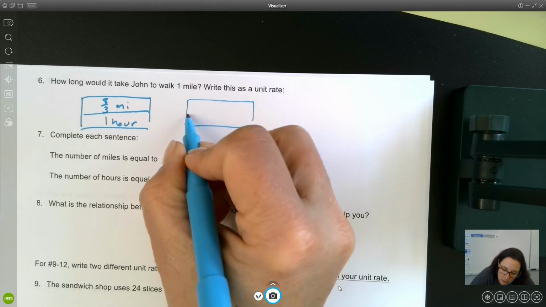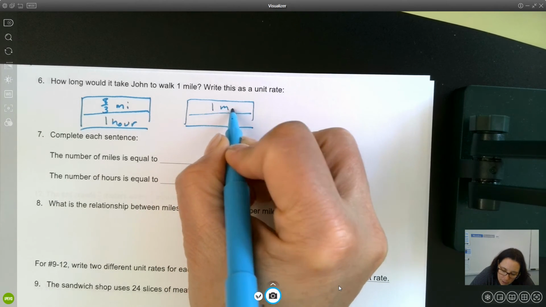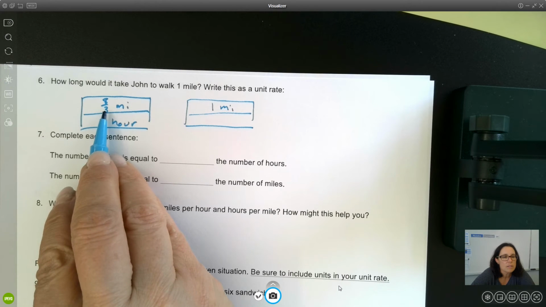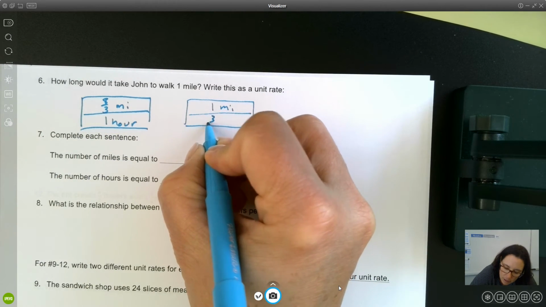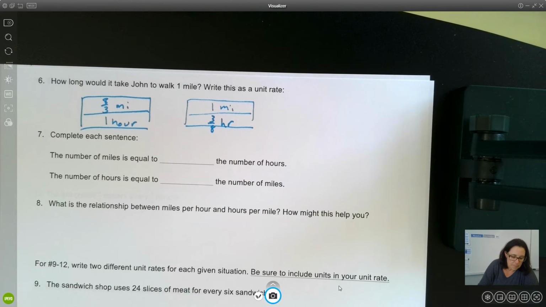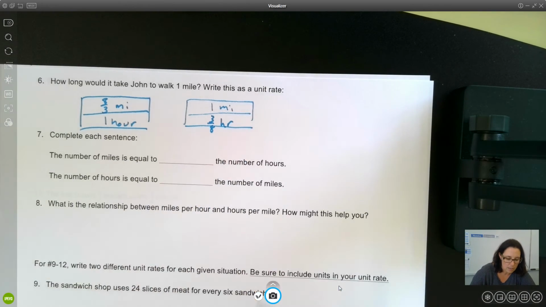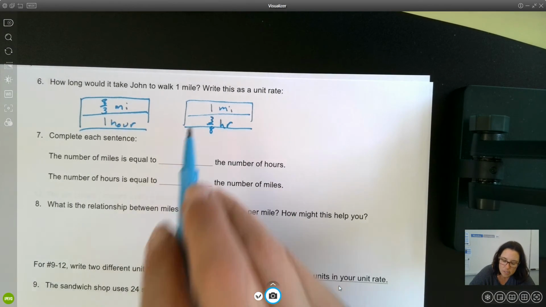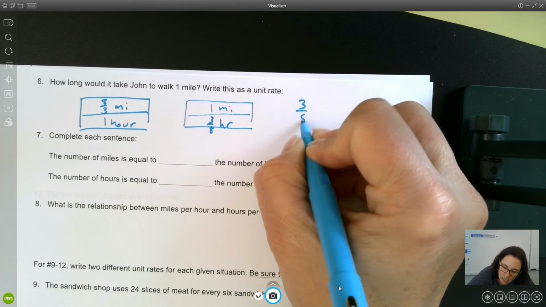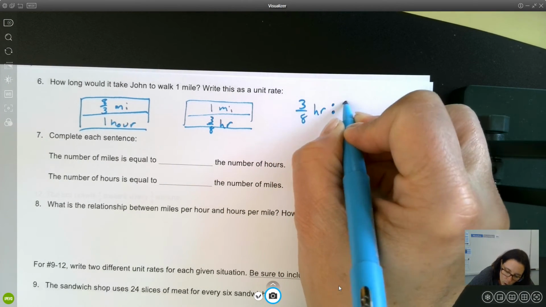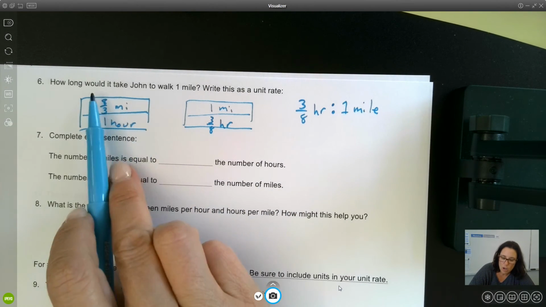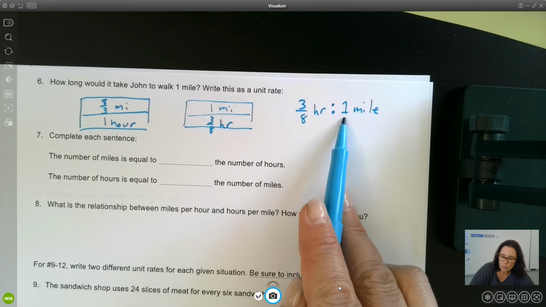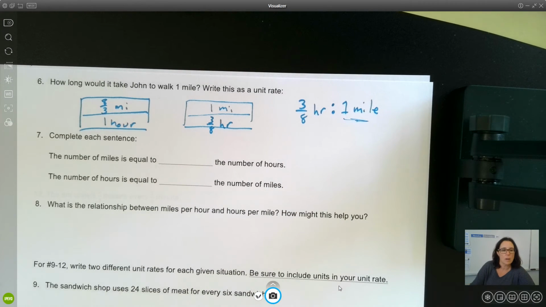If we want 1 mile, we need to multiply by 3/8. Well, if we multiply by 3/8 here, we have to multiply by 3/8 here. So there's your unit rate. Remember 1 has to always come second. So 3/8 hours to 1 mile. It's asking you how long for 1 mile. Unit rate wants the 1 in the second spot.